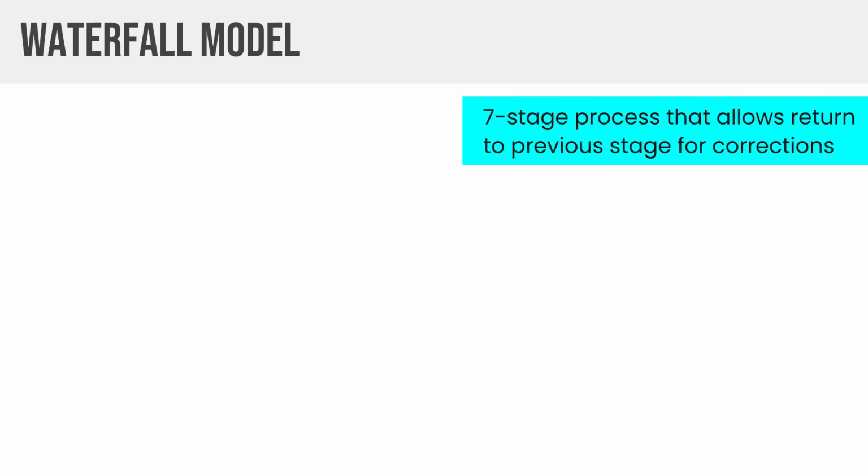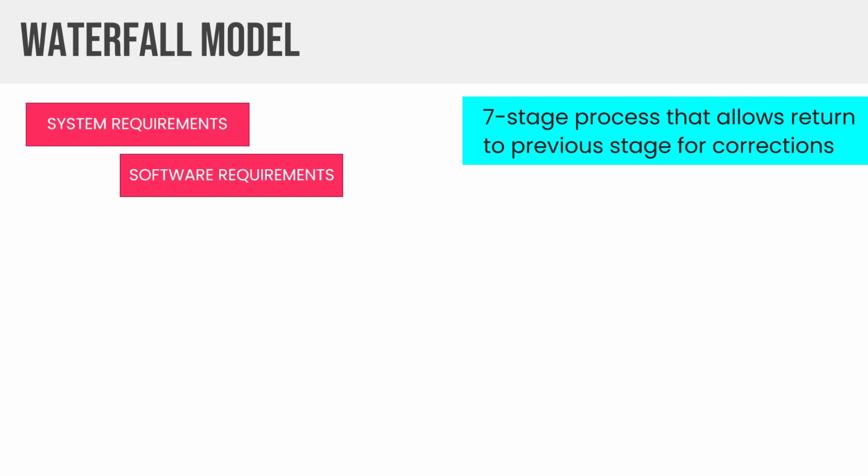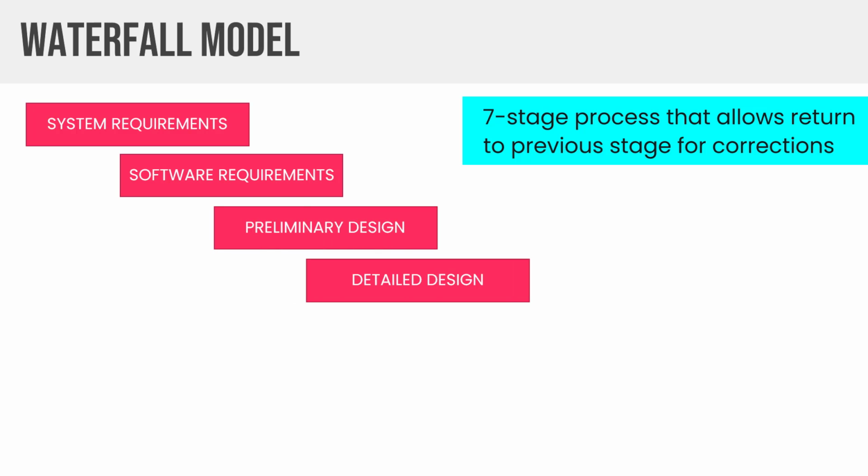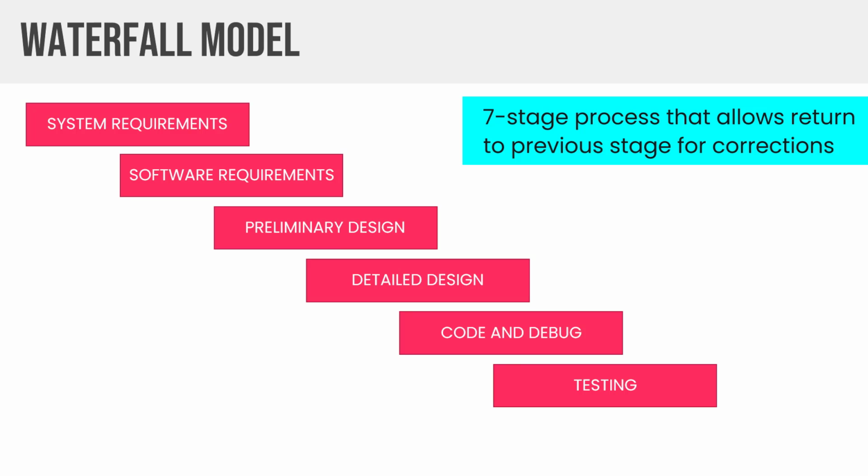All right, the waterfall model is a 7-stage process that allows a return to the previous stage for corrections. And to make sure that for the CISSP exam, you look at the 7-step waterfall model that is defined in the book. You will find versions of waterfall out on the internet that tell you there are only 6 steps, but you see it goes from system requirements to software requirements to design to coding and debugging to testing and operations and maintenance.